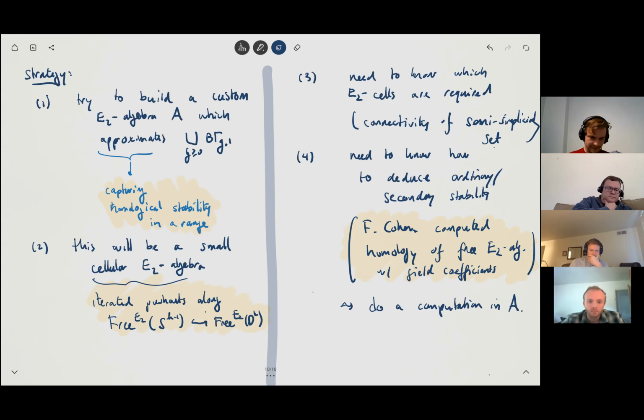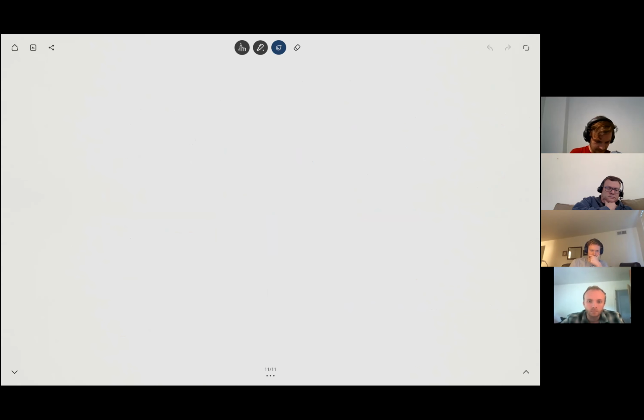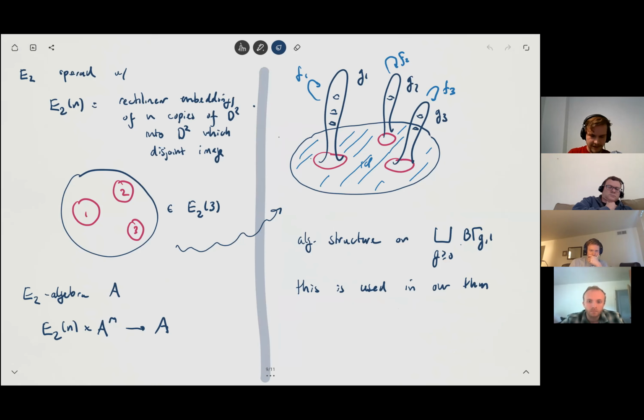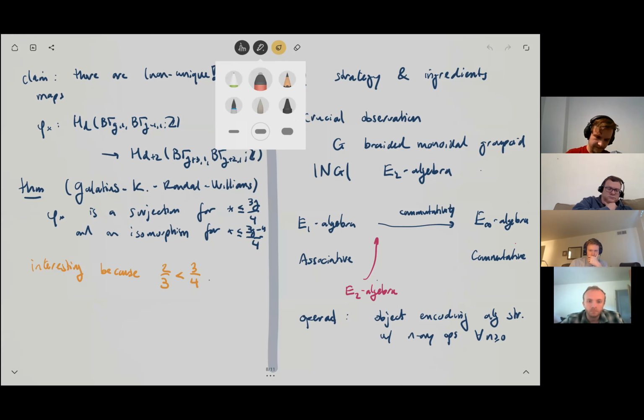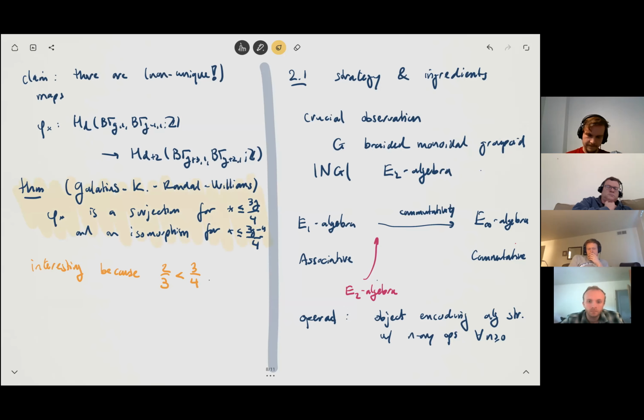So that was our strategy for proving this secondary stability result for mapping class groups. Okay, so these are the two more novel stability phenomena I wanted to talk about.